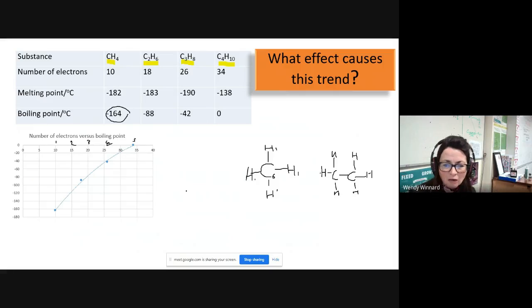And how can a force of attraction arise between 2 methane molecules when there's no dipole? There's absolutely no reason why one methane should be attracted to another. And in fact, you know it isn't.